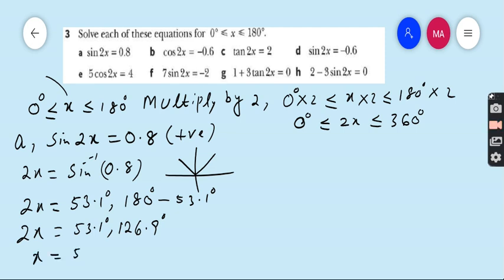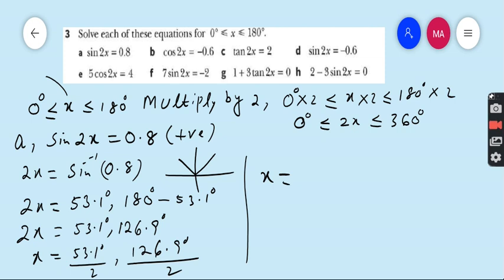So x equals 53.1 upon 2, comma, 126.9 upon 2, and the final answer is x equals 53.1 divided by 2 is 26.6, and 126.9 divided by 2 is 63.4. And this is our final answer.